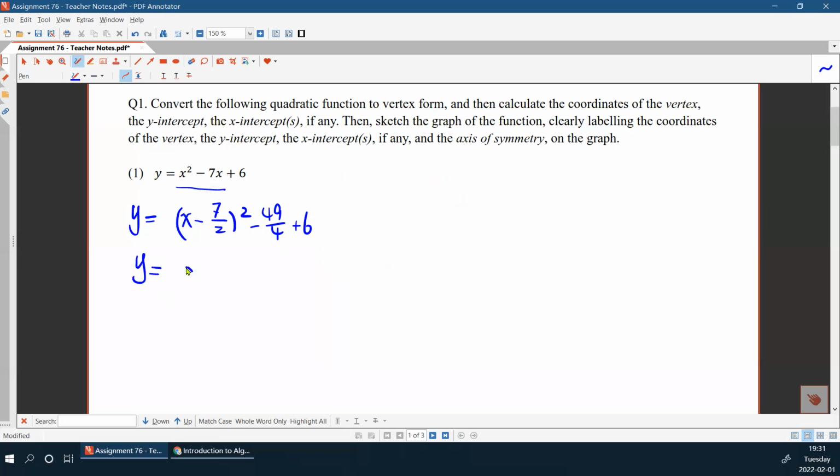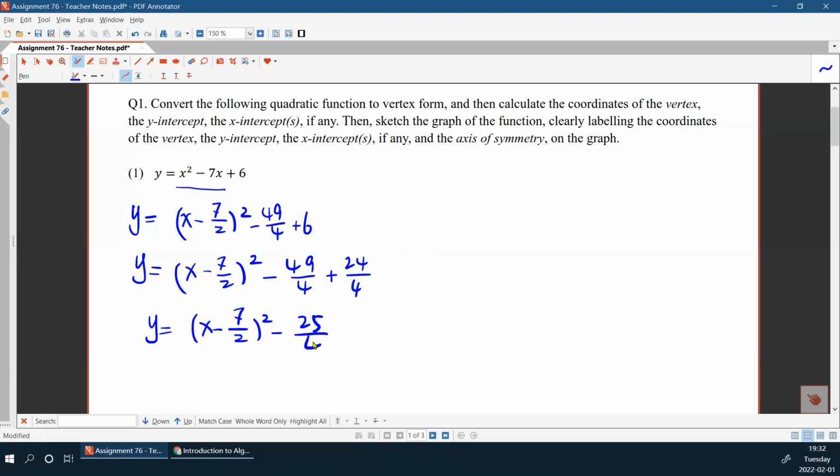Next step, we can just merge all the constants, which is negative 49 over 4 plus 24 over 4, which is y equals x minus 7 over 2 squared minus 25 over 4, right? Okay, remember that the vertex form has a form like this: y equals a times x minus h squared plus k.